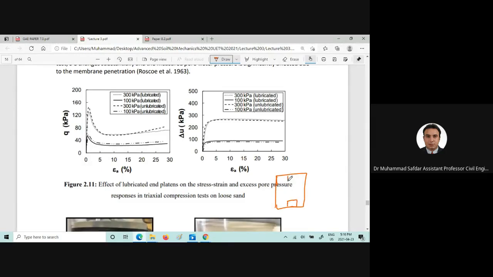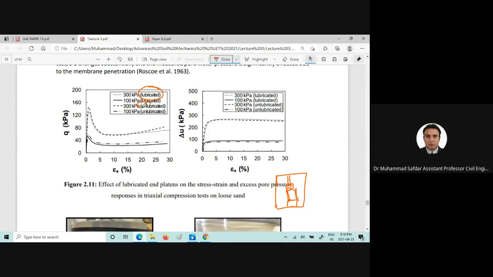Now, sometimes some people have also researched, let's suppose this is the platen here, and this is the top cap here. If you lubricate these portions, then prepare the specimen and shear it, various researchers performed tests on specimens lubricated using silicone grease or oil.